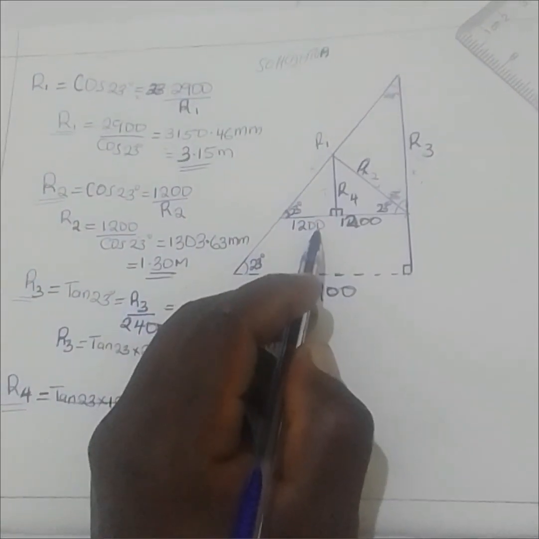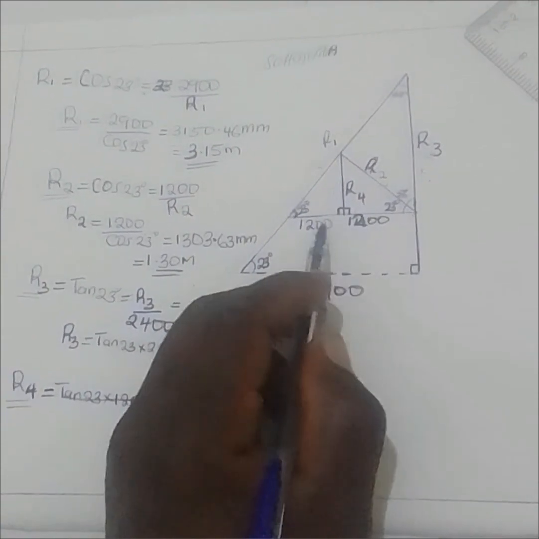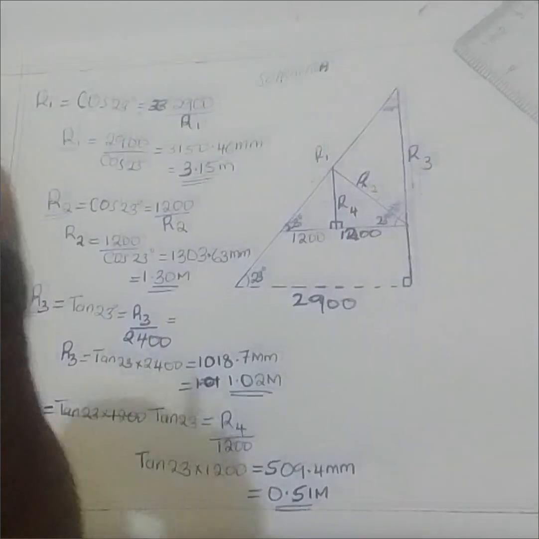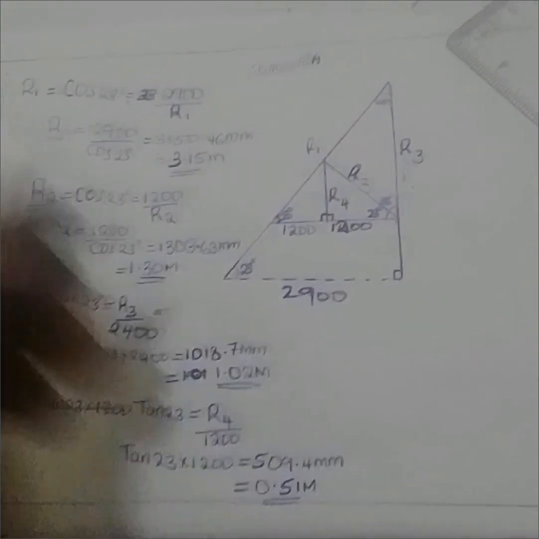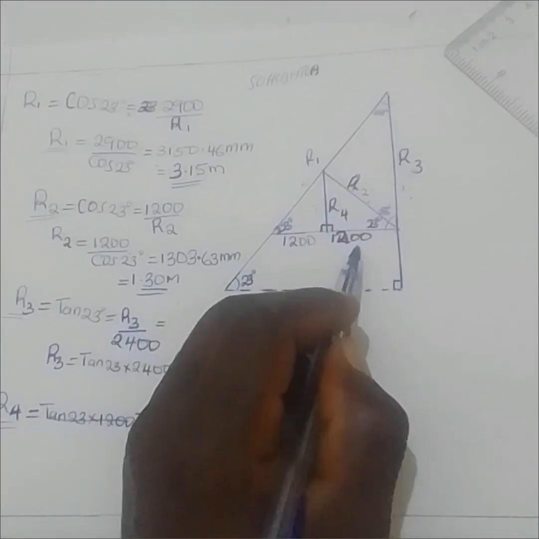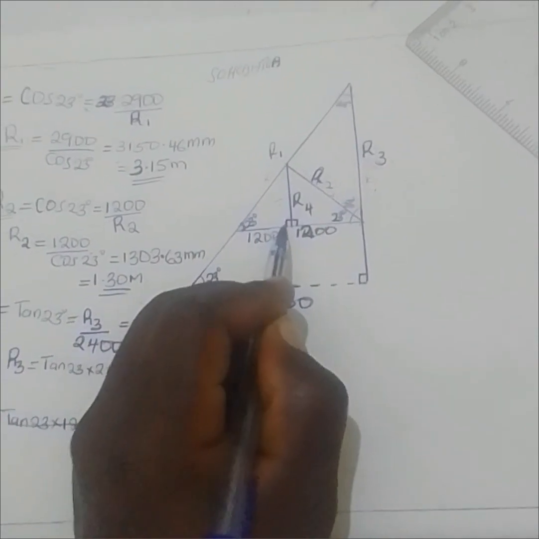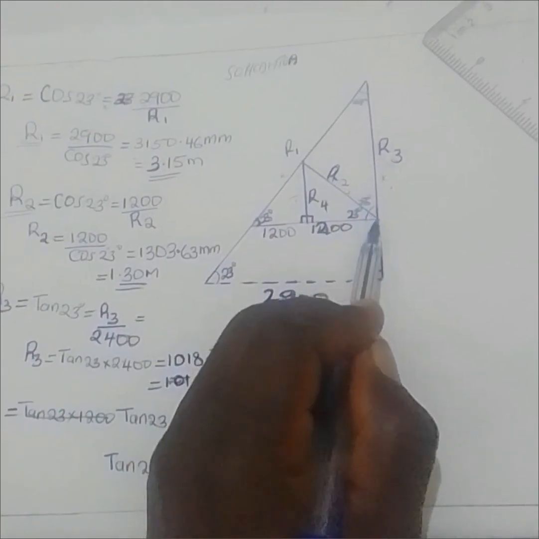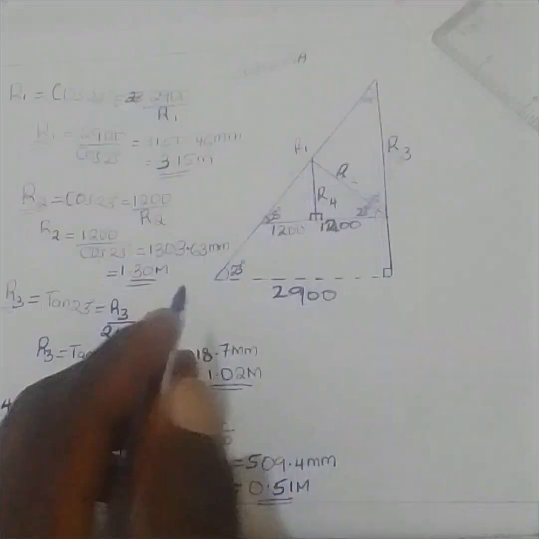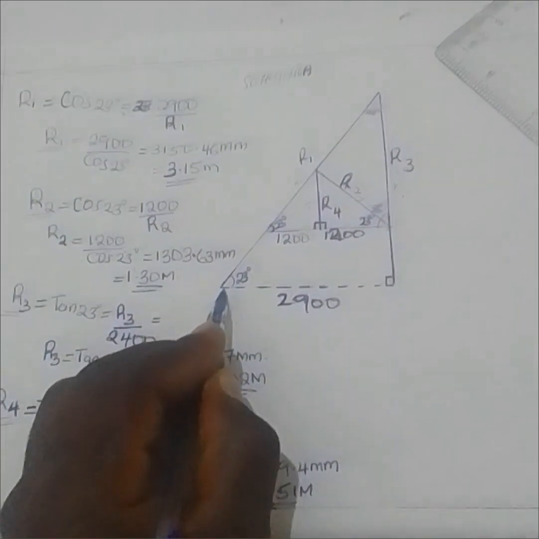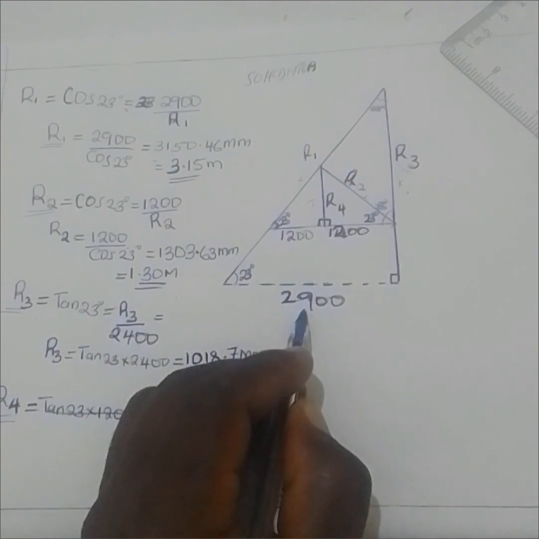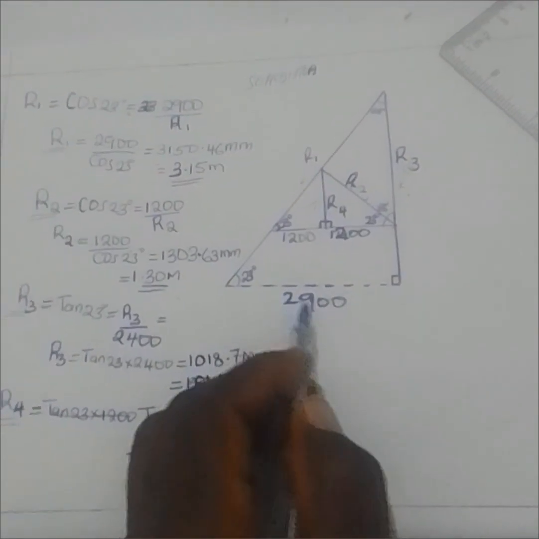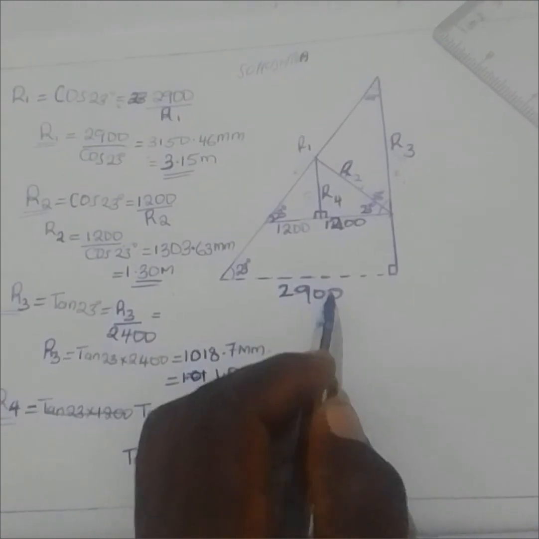These dimensions are in millimeters. So we have 1200 from here to here, and then 1200 from here to this point, and then we have half of the span of the truss from here to here, which is 2900 millimeters.